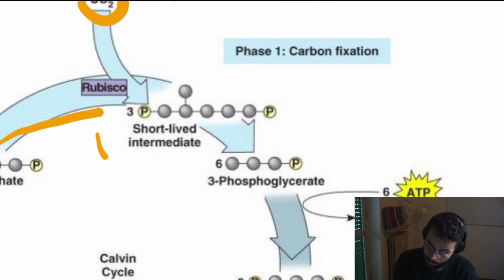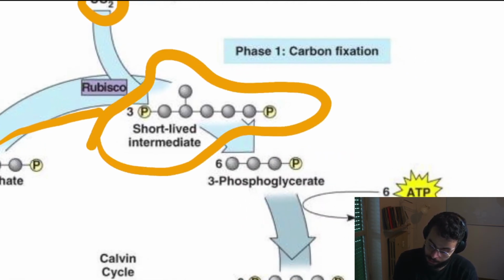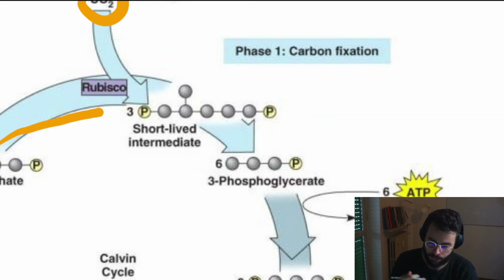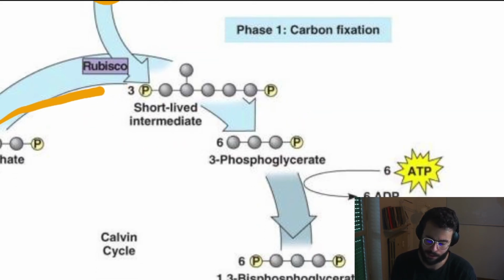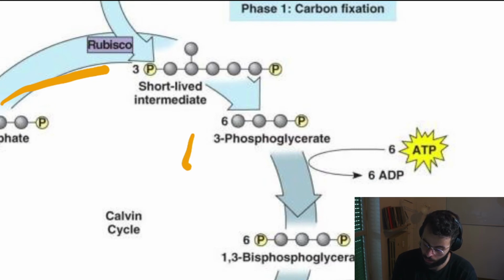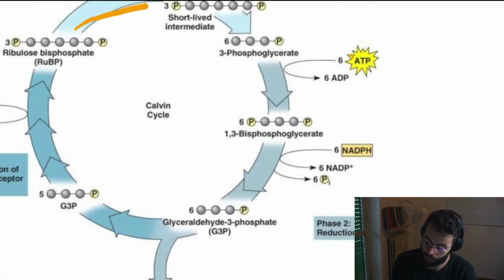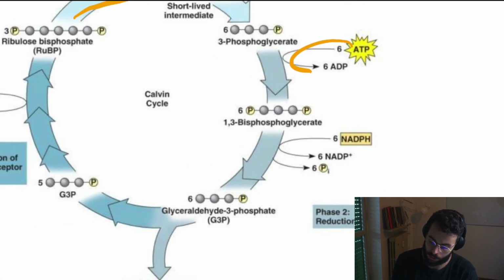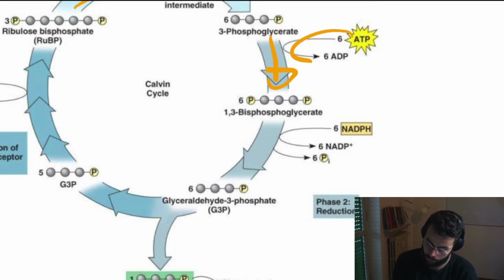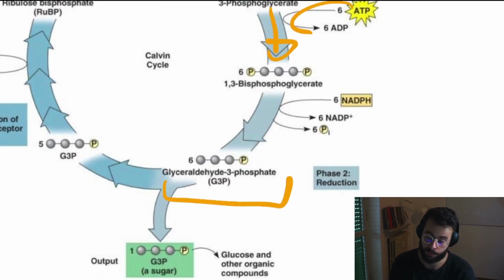And you're going to get this very unstable 6-carbon molecule. This very unstable 6-carbon molecule is immediately going to break down into this molecule, which is called 3-phosphoglycerate. Now, through several steps, we are going to have the ATP phosphorylation and the NADPH, and we are going to get the intermediates all the way until we get to the pGAL, to the G3P.